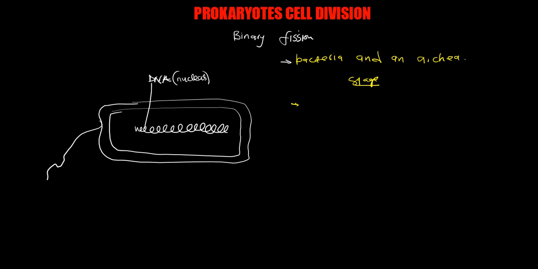The first thing that will happen, this is the DNA, like we said. This process is called binary fission. Something which is binary is two, so you will see how this binary is related to this type of division. This has a circular DNA, as we can see there.